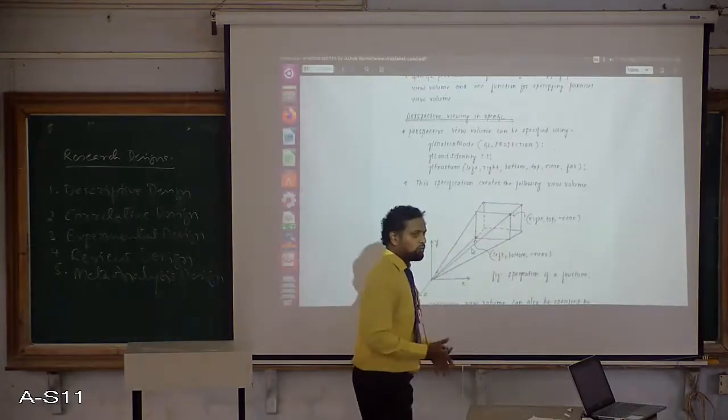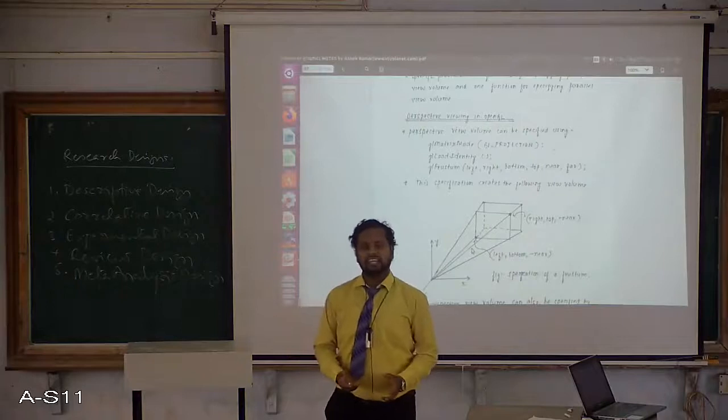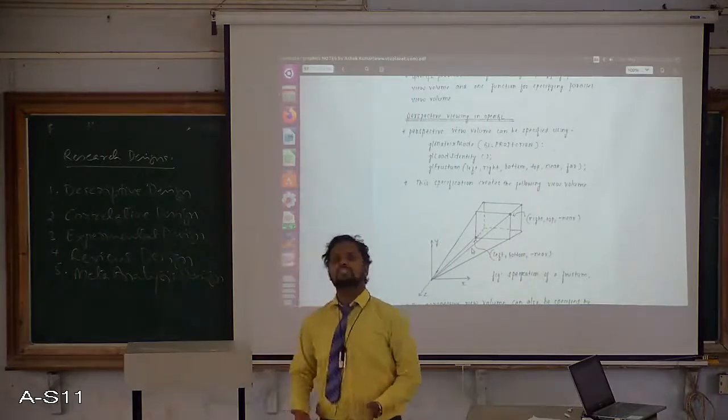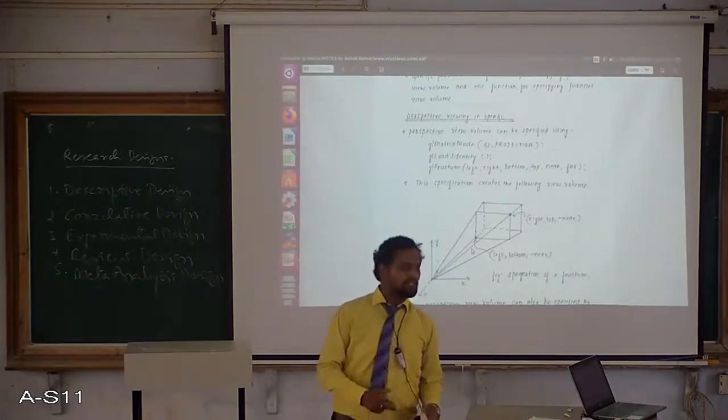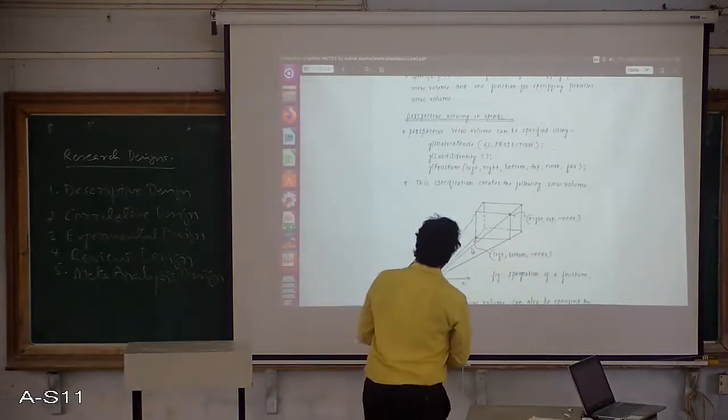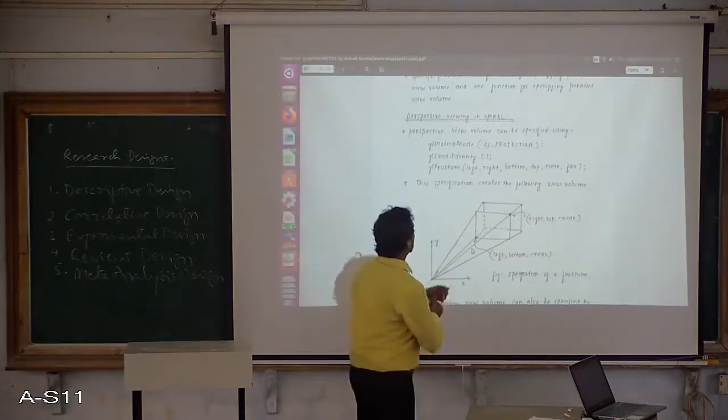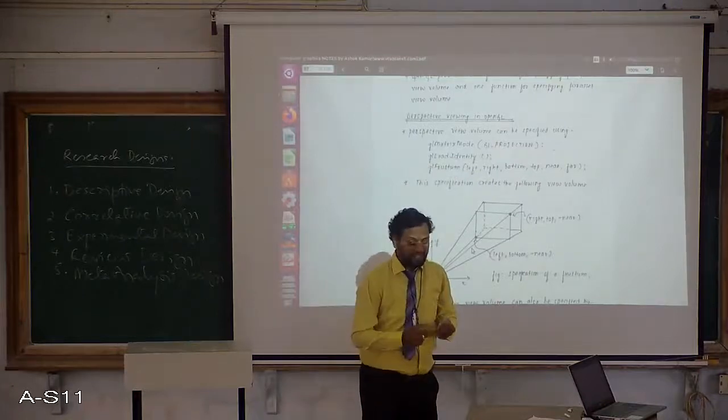It's a rule that before any translation or multiplication, you should initially load the identity matrix. That's the reason the identity matrix is being loaded.